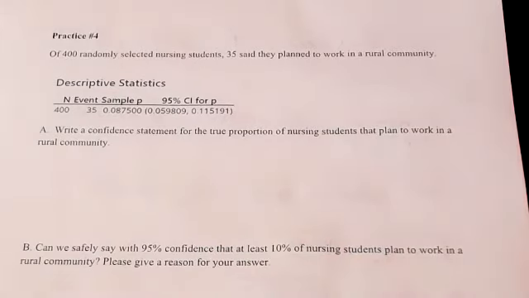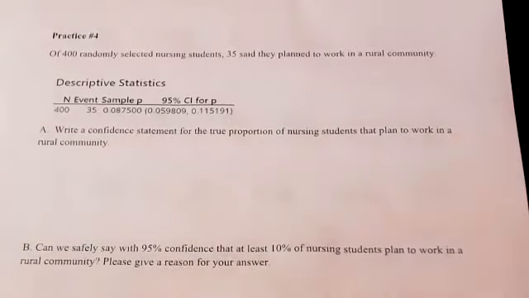What I'd like you to do is take a moment to think about the information that you were given here. Look at the descriptive statistics, look at the information that you were provided, and see if you can discern what this is saying in terms of interpretation. I just want to give you a few minutes. I'm going to pause the video now.